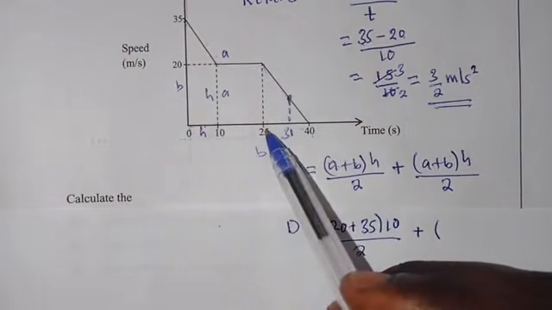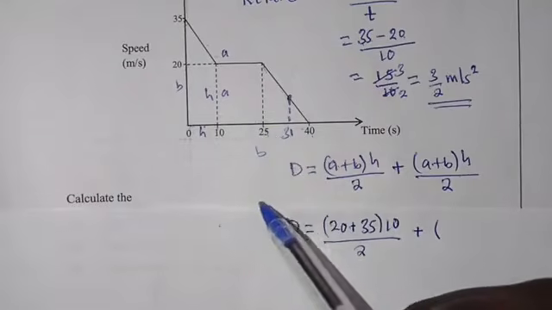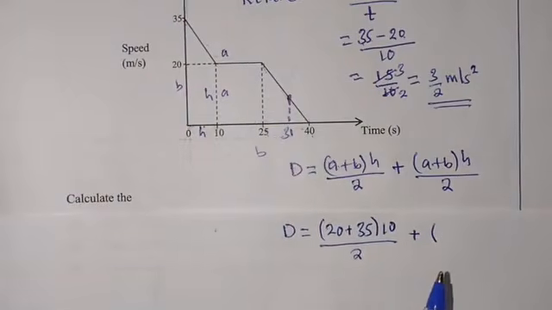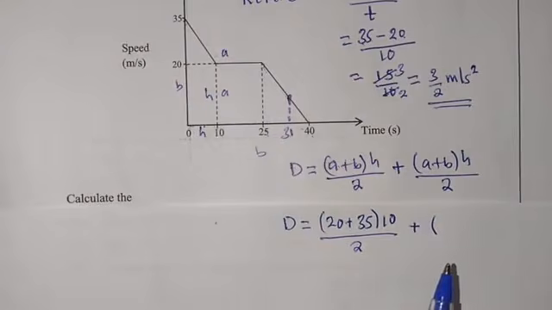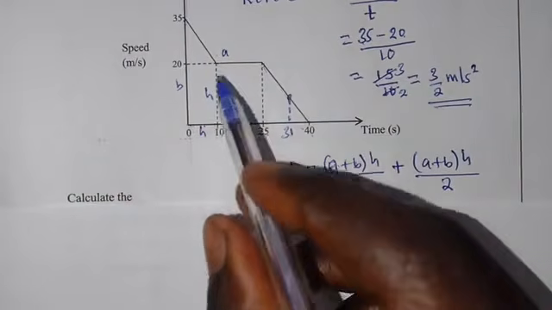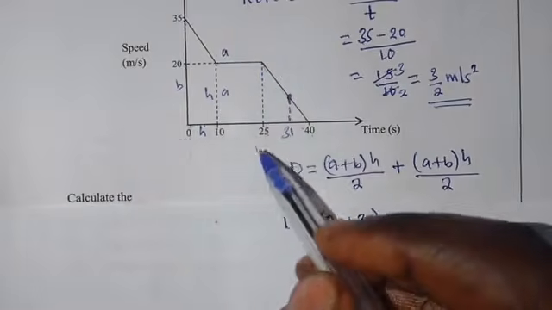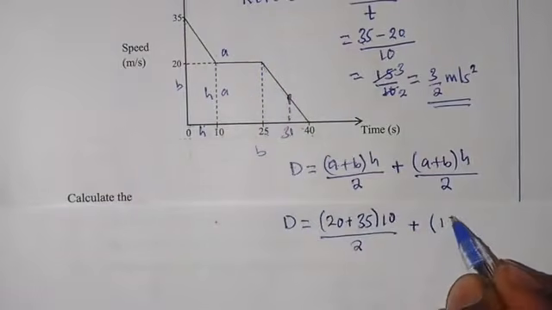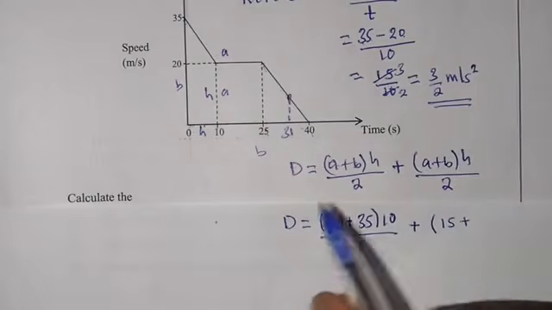So here you have 25. Make sure that you follow through. So here we have 25 minus 10. This is for a right here. So we will get 15, plus this b.